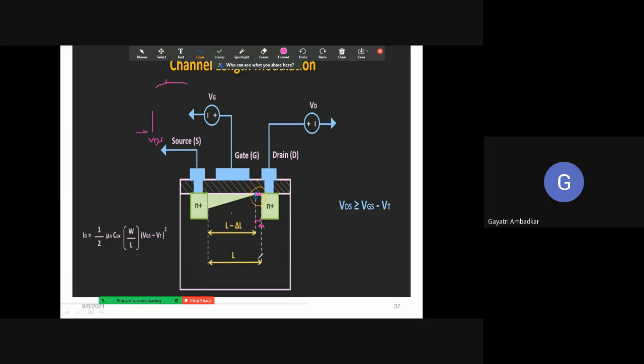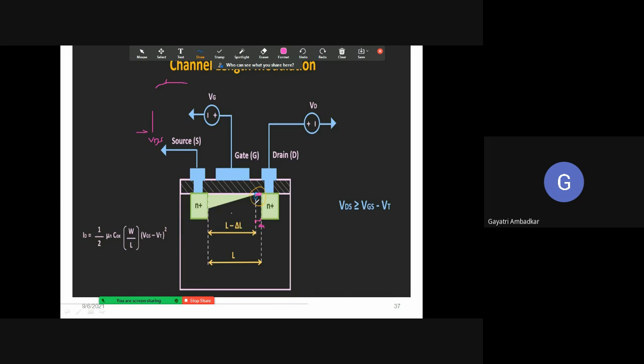L is the length of the channel previously, but the length of the channel is changing due to the applied VDS. So this phenomenon is called channel length modulation.